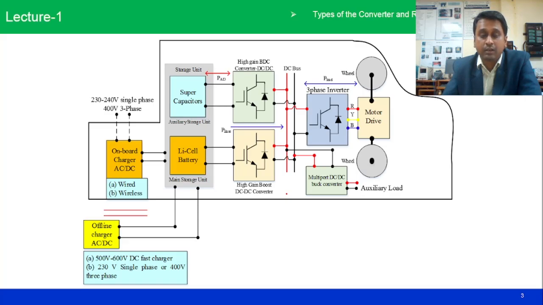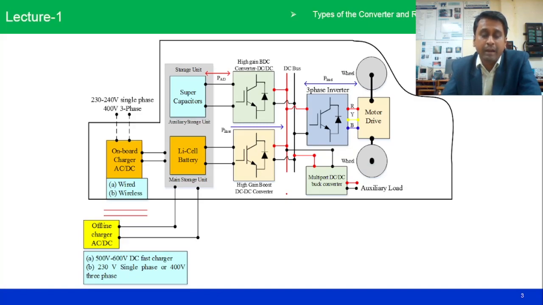In current technology, the lithium cell battery is quite acceptable in the market because it can provide high density power. The voltage level is also less and it can provide sufficient current to drive the electric vehicle motor.